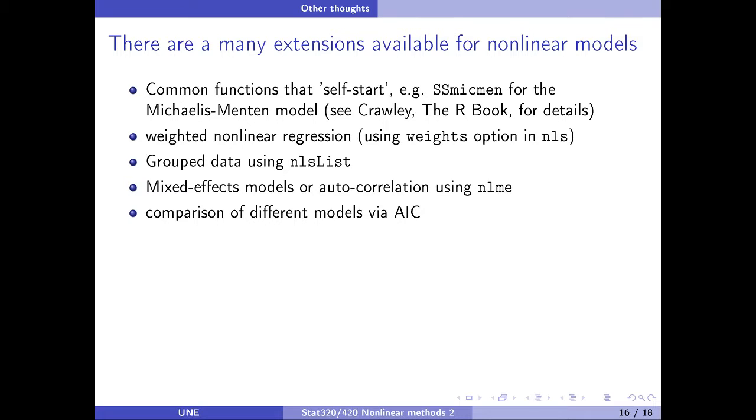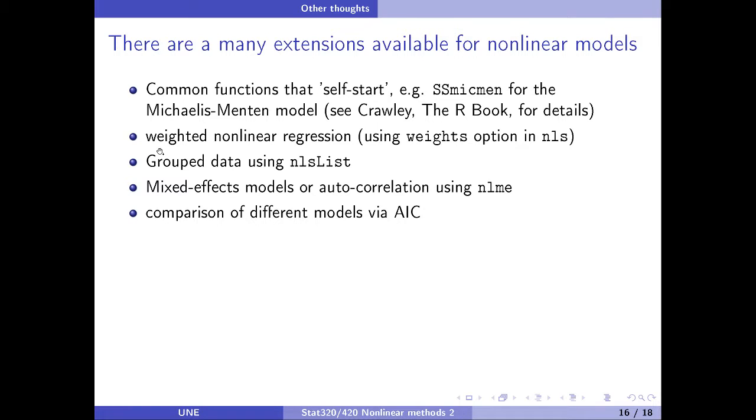For example, there's a function for the Michaelis-Menten model called SSMicMen. In the Crawley R book, there are details of other self-starting functions, and we'll give a quick example of this.